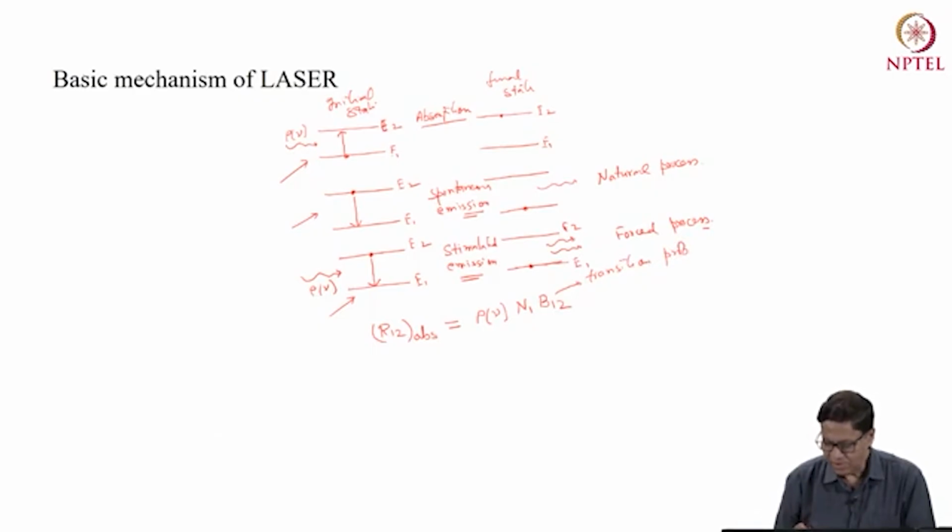Similarly, I can write for spontaneous emission. So spontaneous emission will be R21 because it is coming from E2 to E1. This is proportional to the number of electrons in high energy state, that is E2, which is N2, and the transition probability is A21.